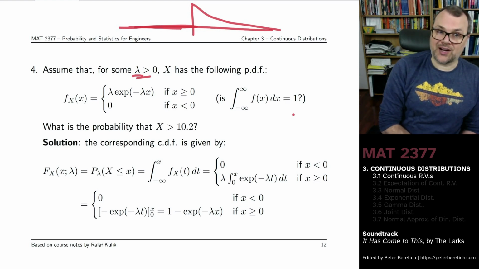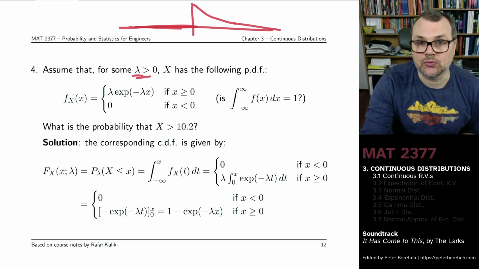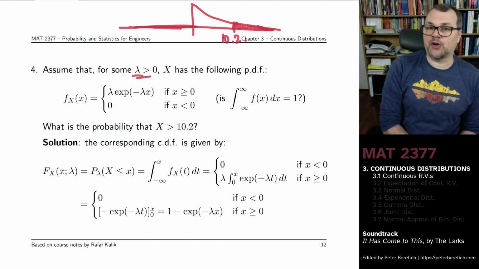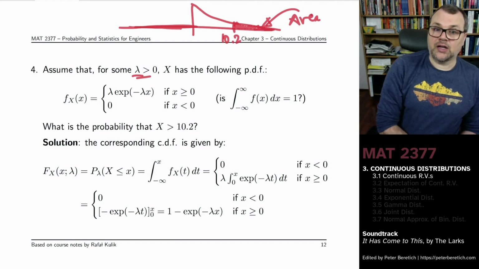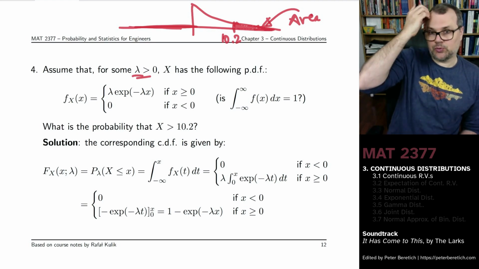Now, a question that we're asking is, what's the probability that x would be greater than 10.2? So let's say that this is 10.2. What's the probability that the outcome of the experiment will be greater than 10.2? You're looking for the area here. Or if you have the cumulative distribution function, well, you just need to compute an expression given by the cumulative distribution function.